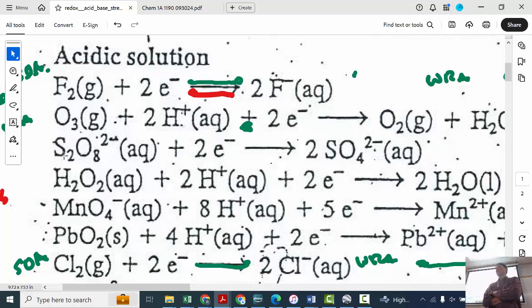It's incredibly unstable, because the normal oxidation state range for sulfur is between plus 6 and minus 2.